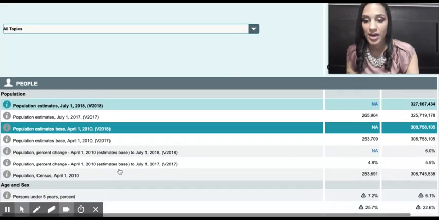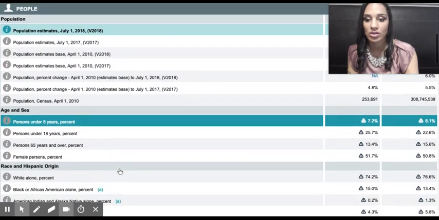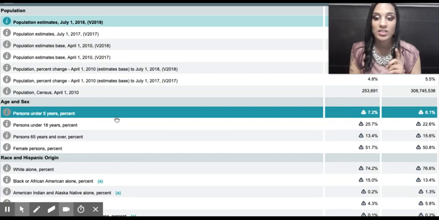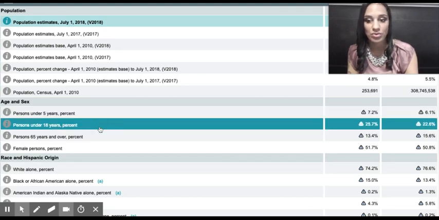All right, so population, not really a biggie that you need to know. Then here you learn about age and sex. Age and sex is one you want to know, right? Because we've already identified that most people who want to become a CNA are usually in the age range between 18 all the way to 40, right? Somewhere in there. So persons under 18 percentage does not apply to you.